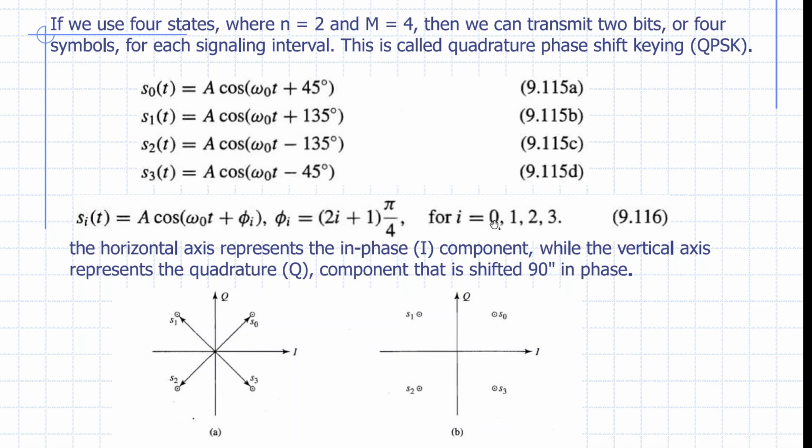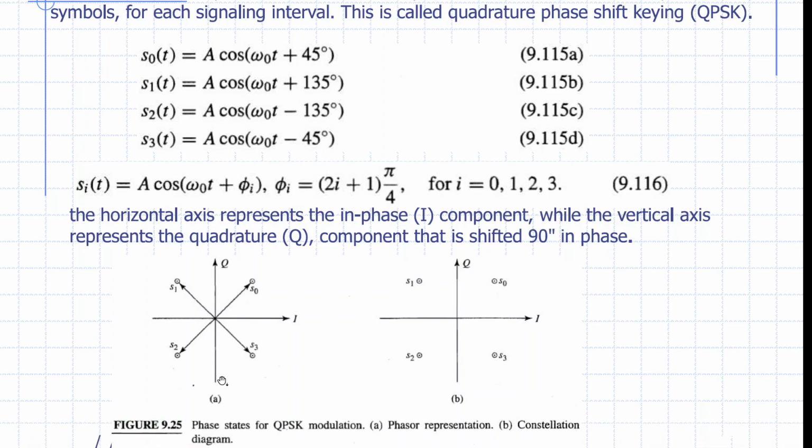So if I substitute 0, 1, 2 and 3 for i, I will get these 4. So these are the 4 points: S0, S1, S2 and S3. This is the constellation diagram for QPSK. This is the phasor and this is the constellation diagram.